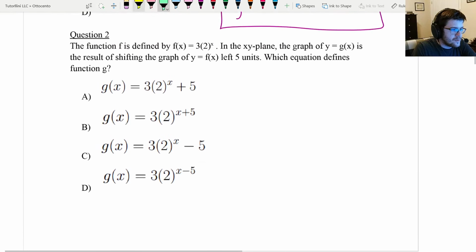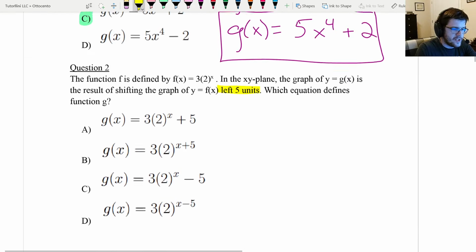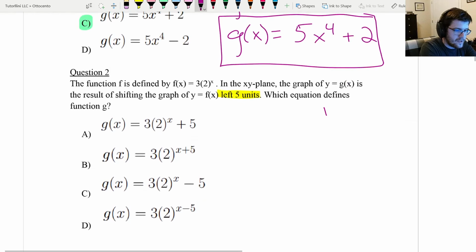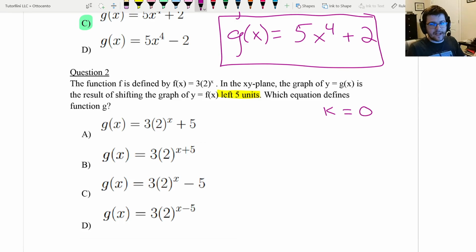Okay, so this one we have another function, and we're going to move it left 5 units. It doesn't mention any up or down, so k is just 0. Left is the negative x direction, so that means h is negative 5.